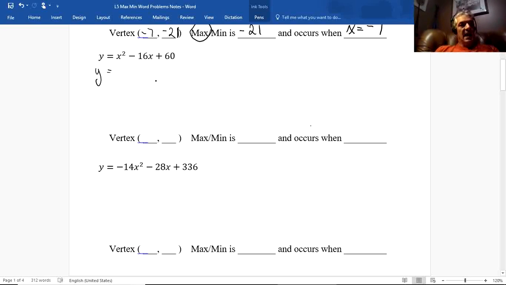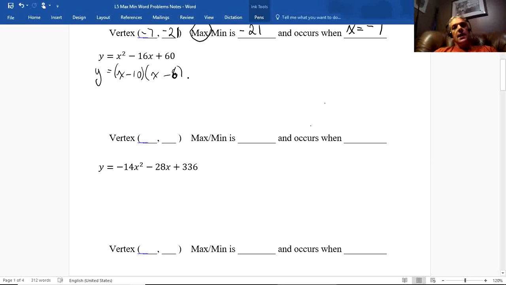So therefore, I can't just grab the vertex out of the equation by looking at it. I have to factor it. And so in this case, the factors of 60 that add to minus 16 are x minus 10 and x minus 6. Sorry, not 8, 6.